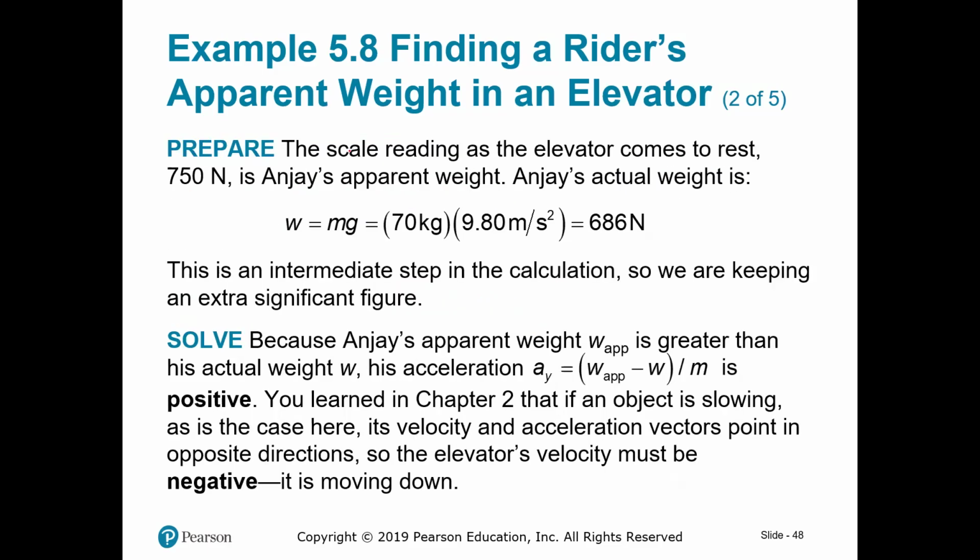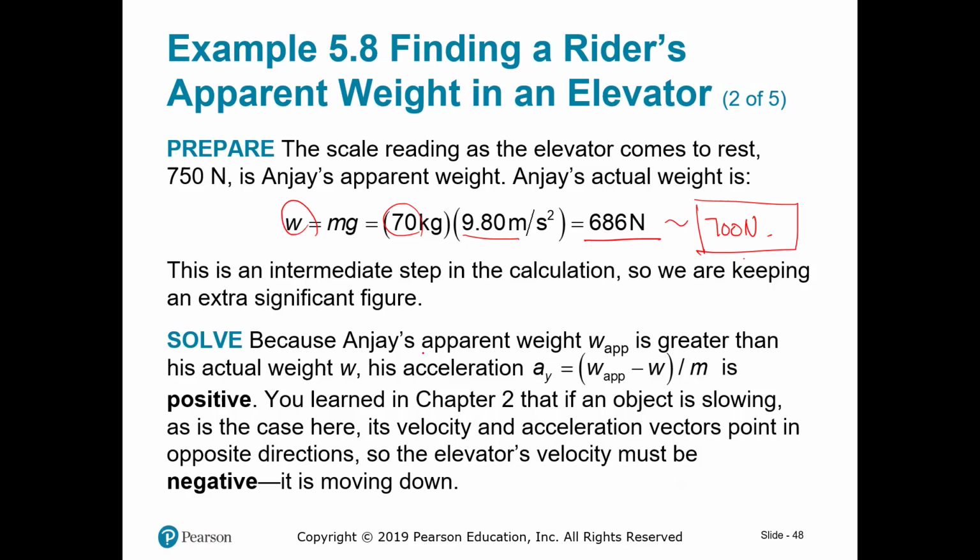Right? So then your basic weight is 680 Newton, which is 70 times 9.8 or 10, so roughly 700 Newton. Doesn't matter. So this is his regular actual weight, right?